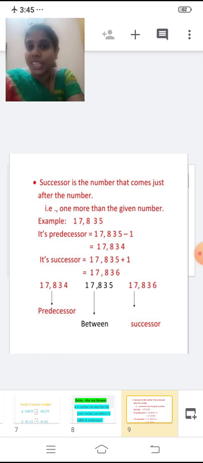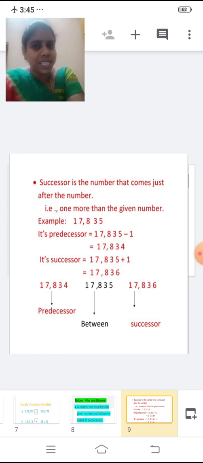Yes, 17,834. So 17,834 is the predecessor of 17,835.